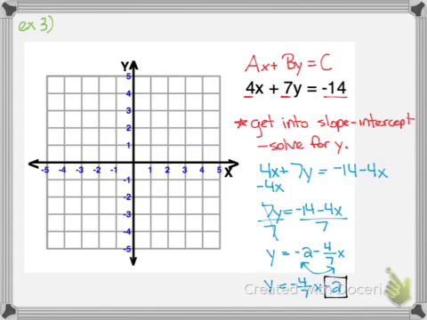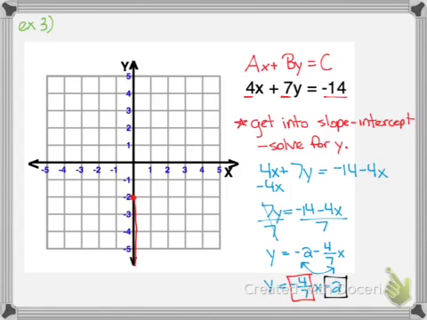So we're going to go over and plot negative 2. And our slope is negative 4 over 7. So we're going to go down negative 4 and then over positive 7. We're not going to have enough room to do this, unfortunately, but just imagine with me, okay? So we're going to go down negative 1, 2, 3, and then 4, so that would be about right here.